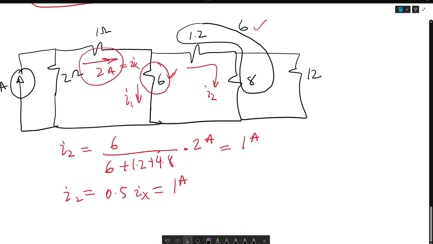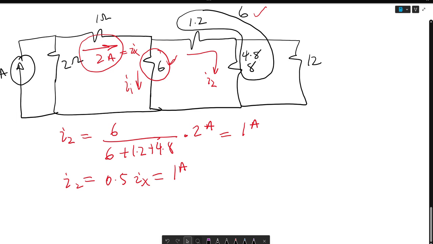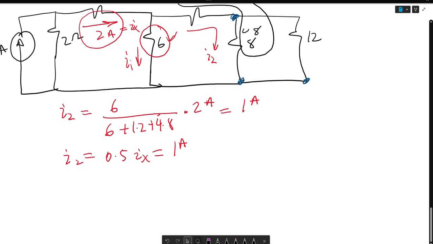We notice that the voltage drop across this, so this was before 4.8, we notice that the voltage drop across here to here is also the same across this 12 ohm resistor.